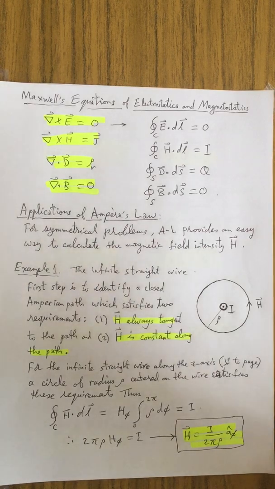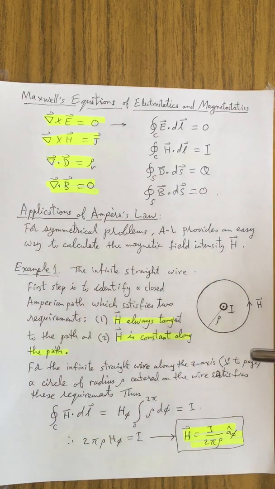One, that H is always tangent to the path, as in here, and two, that H is constant along the path.